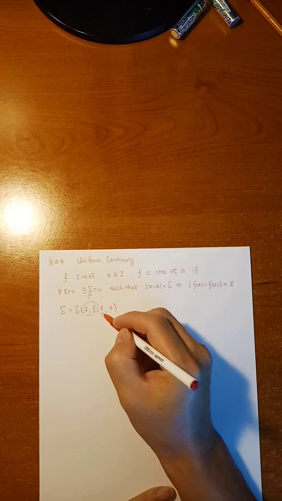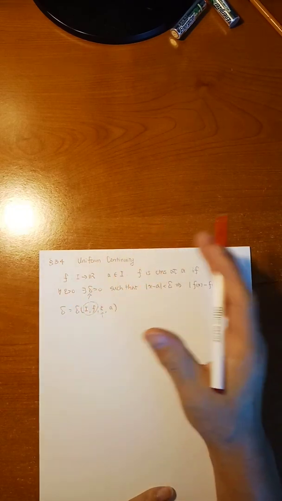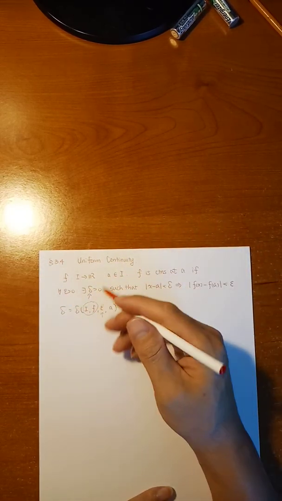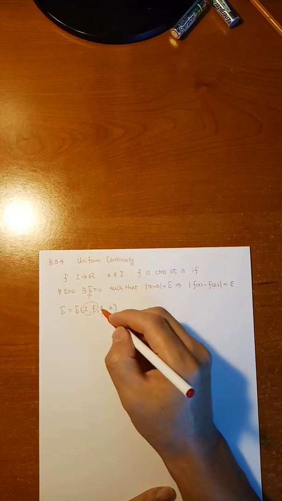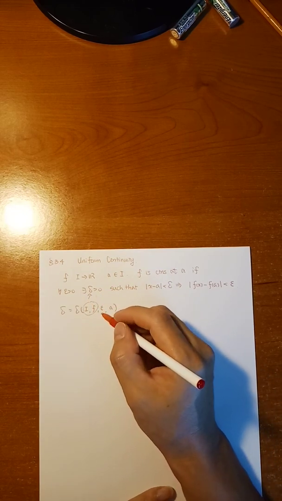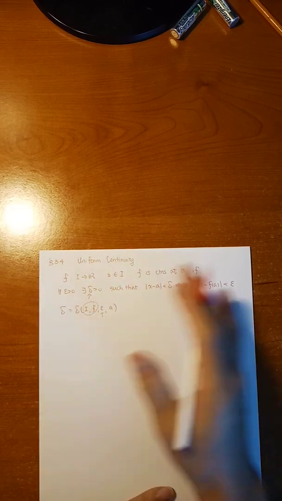And this epsilon, of course, will become smaller and smaller. So epsilon always changes, so delta must be a function of epsilon. In general, not always.